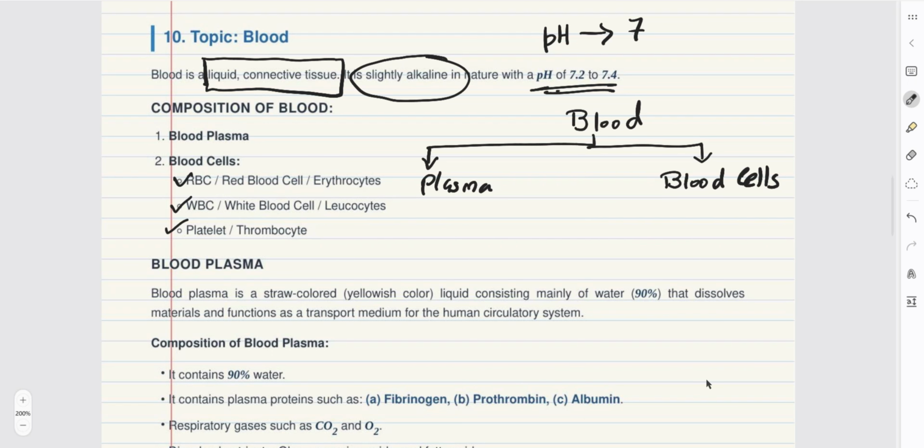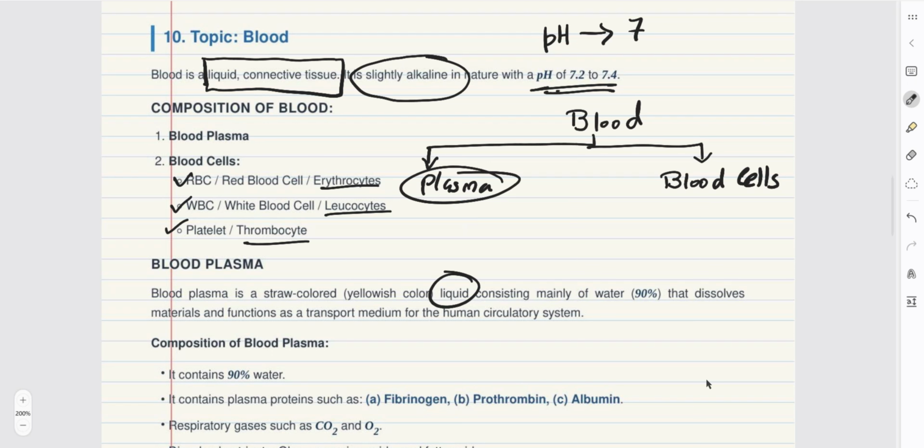And they have other names, right? The erythrocytes, the leukocytes, and the thrombocytes. And blood plasma is the main liquid portion of the blood. All right, and the cells are floating inside the blood plasma, right?